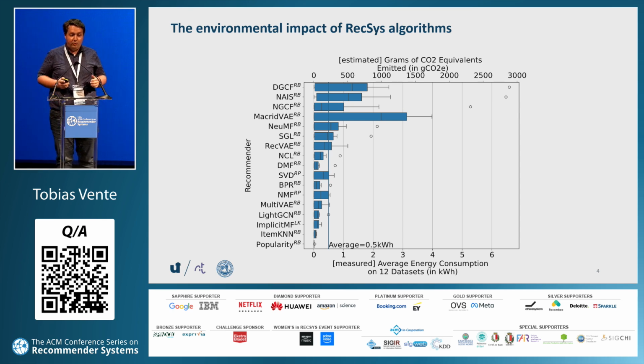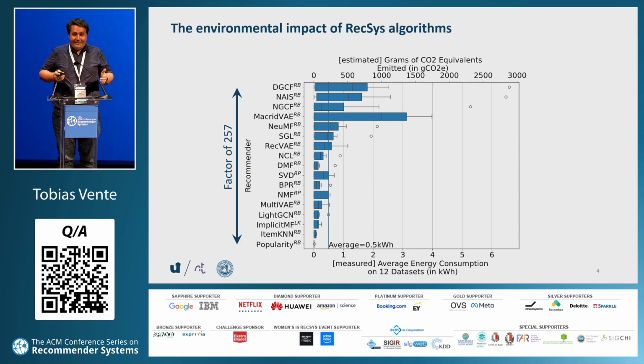As well as the most commonly used algorithms, we also found the most commonly used data sets that we used for our experiments. Generally speaking, one run of an algorithm consumes 0.5 kilowatt hours of electricity.